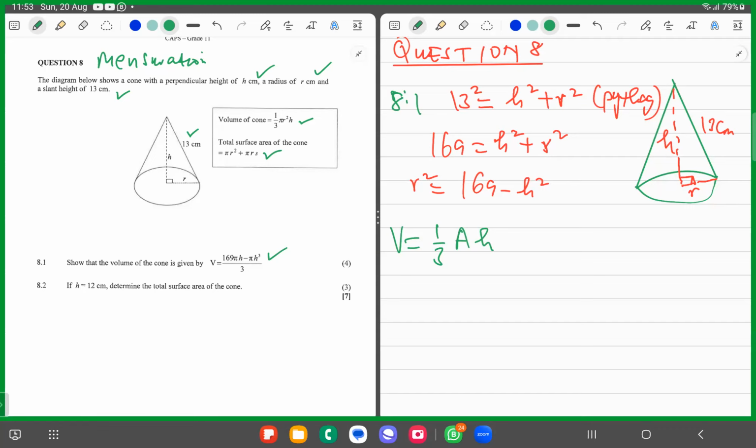So you continue. The volume of anything is the base area times the height.